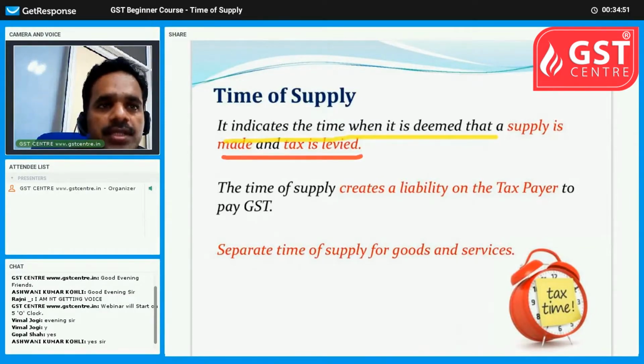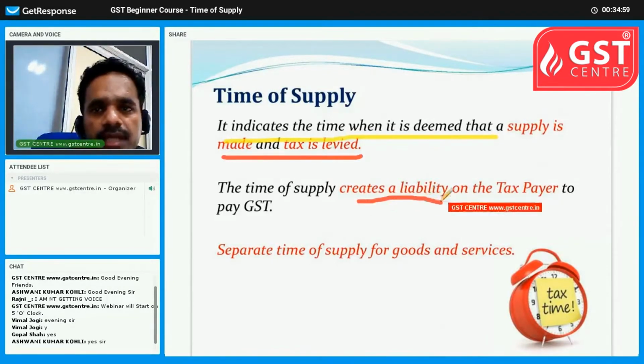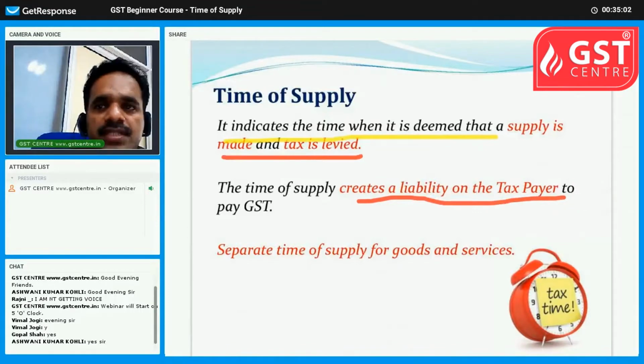He is liable to collect GST as well as pay that collected tax to the government. So it creates a liability on the taxpayer to pay GST. So it is important to determine the time of supply for determining or realizing the time of payment of GST.